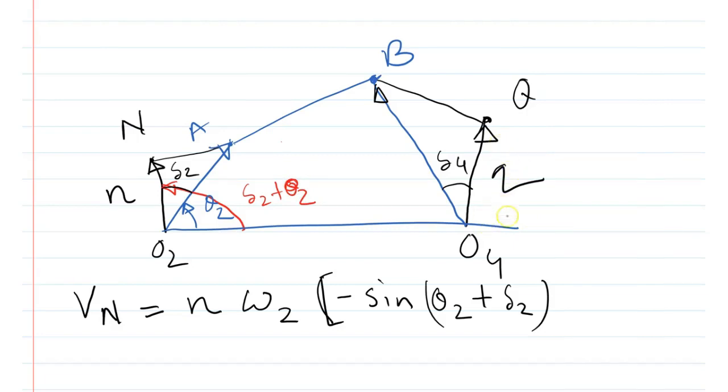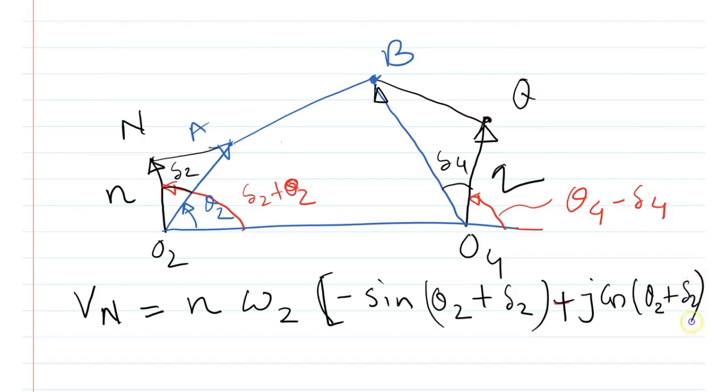For the O4Q vector, the angle would be this one. Now because we don't know this angle, we can write it as theta 4 minus delta 4. So the angle for the O2N vector is negative sin(theta 2 plus delta 2) plus j cos(theta 2 plus delta 2).